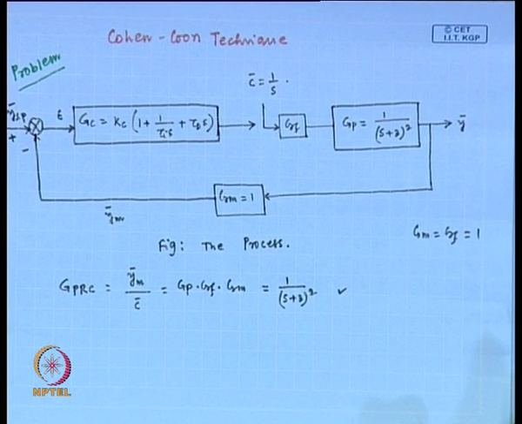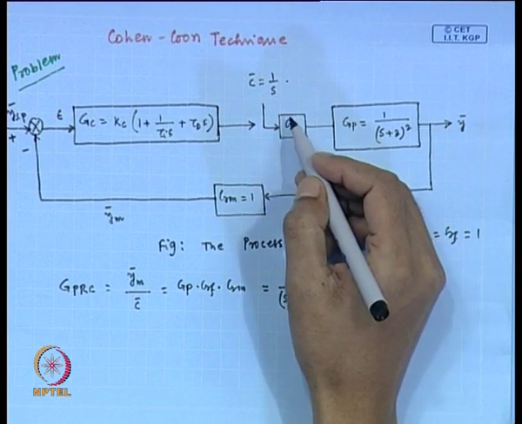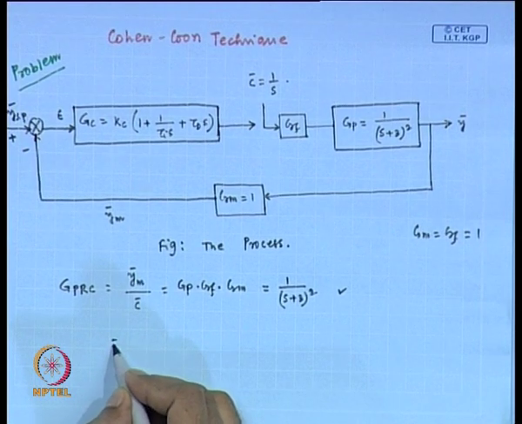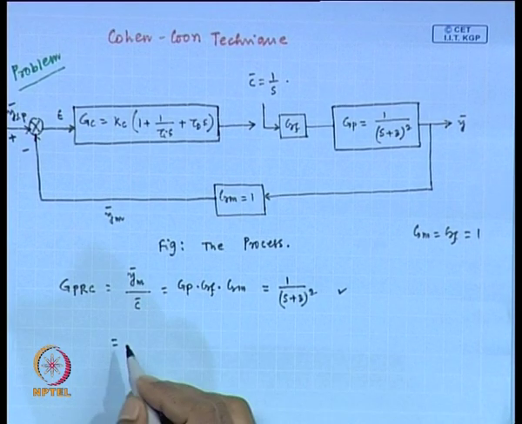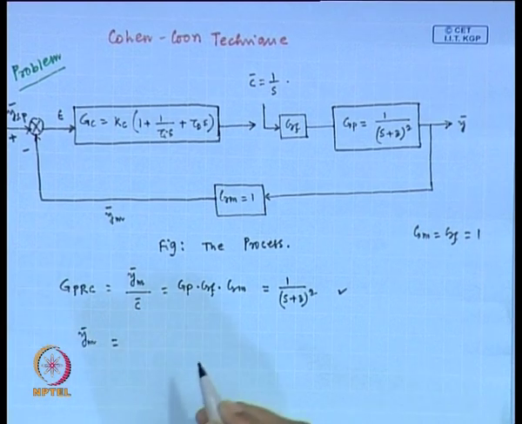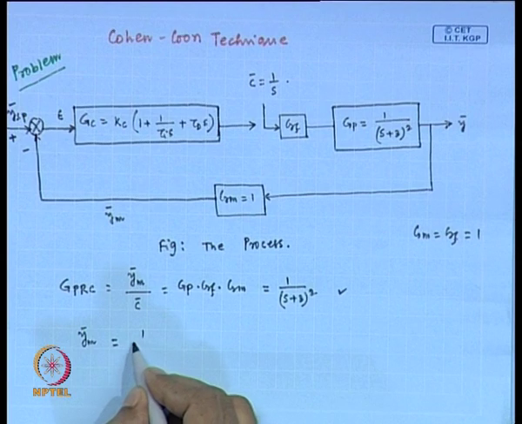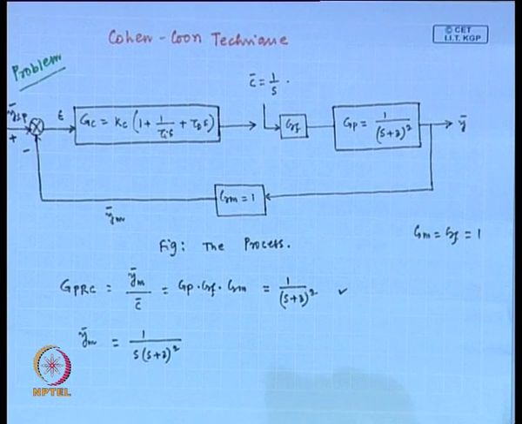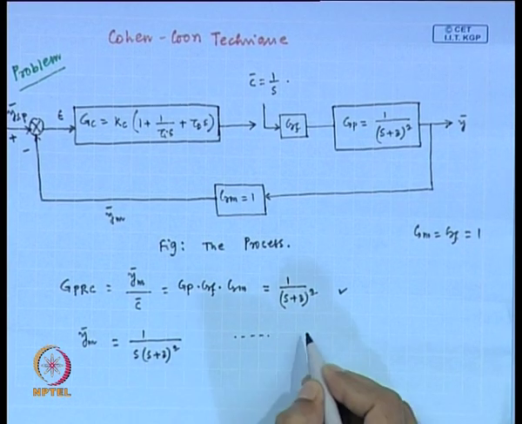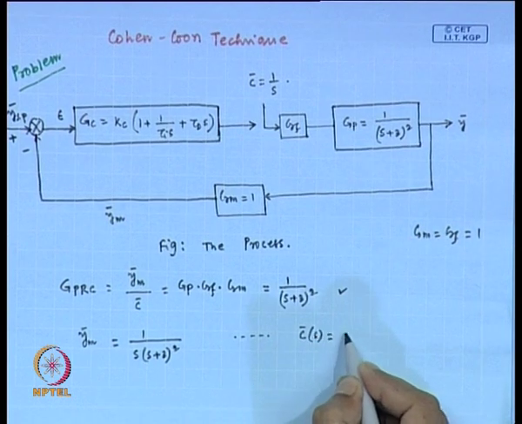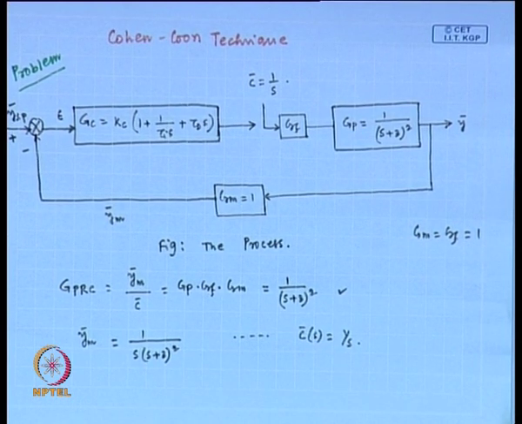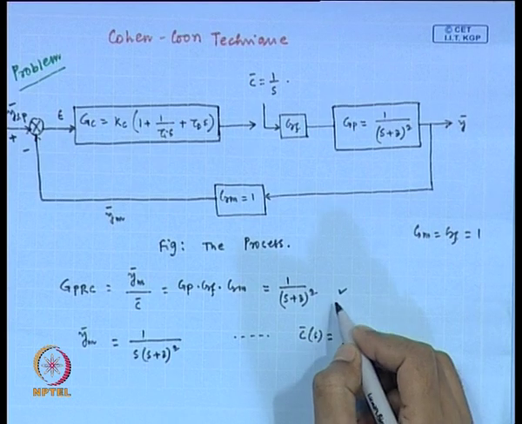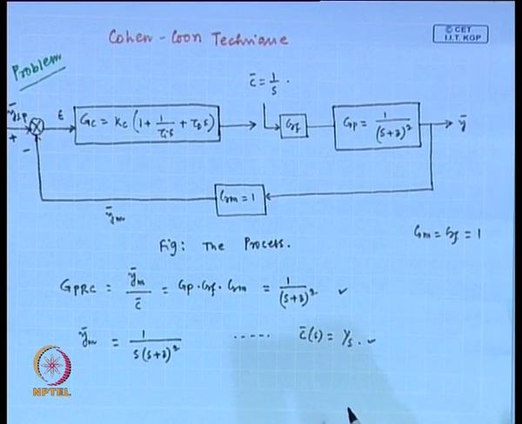As mentioned, a unit step change is introduced in the input signal to the final control element. So, this output becomes 1 divided by (s plus 3) whole square, when c bar s equals 1 by s. We are just substituting this c bar s equals 1 by s in this process reaction curve.